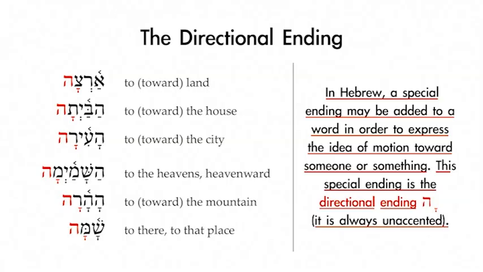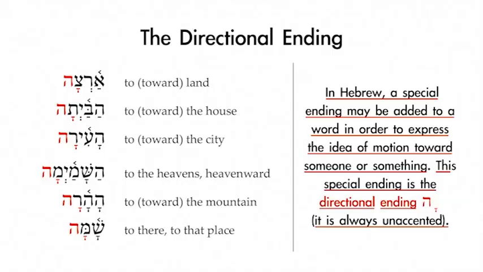It's a pretty interesting particle, and you'll observe that it looks just like the feminine singular inflectional ending, both for nouns and adjectives. So we have the feminine singular noun Torah, it ends in kametze. We have the feminine singular adjective tova, it ends in kametze. And now you know that a directional ending may be added to a word in Hebrew, and that also ends in kametze, but it's unaccented.